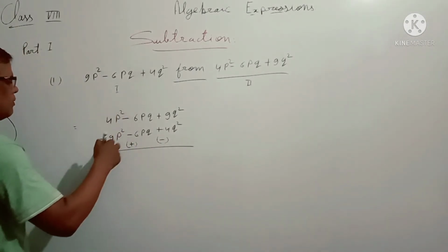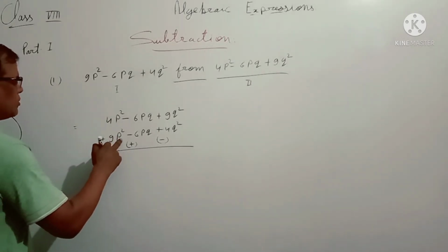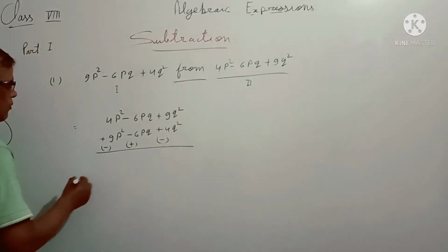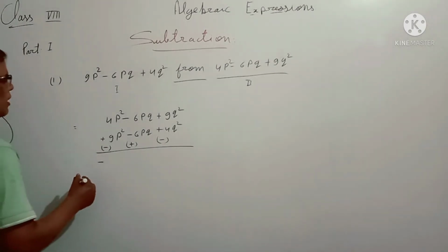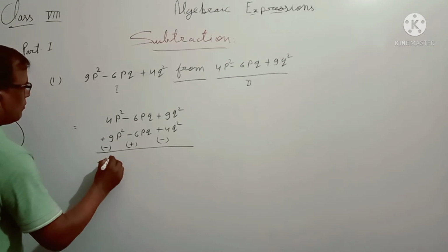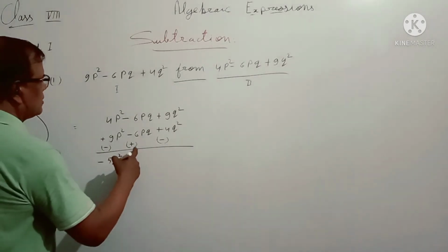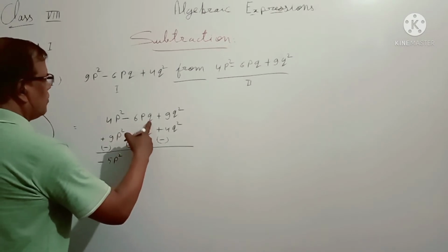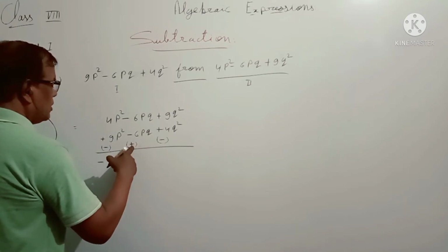Now we compare the first one. 4p square is plus and 9p square is minus. The negative value is greater, it is 9, so we subtract 4 from 9, and what remains is 5p square, and the sign will be negative because its value is more. Now we see here 6p cube negative and 6p cube positive.